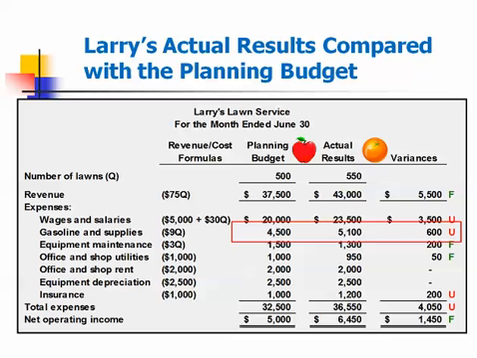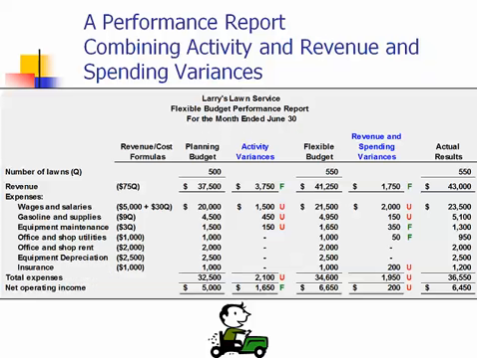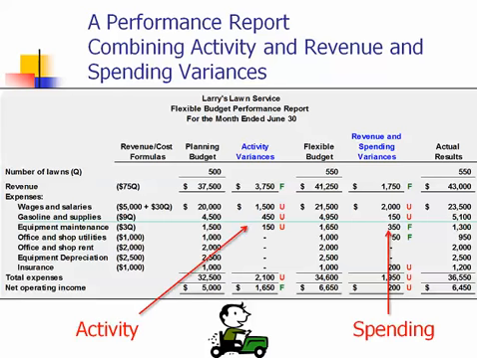So again, referring back to Chapter 8, we can calculate a total variance, which was the difference between our planning or static budget and our actual results. And in the case of gasoline and supplies, it was a $600 unfavorable variance. We broke this variance down into two components, a $450 unfavorable activity variance and a $150 unfavorable spending variance.